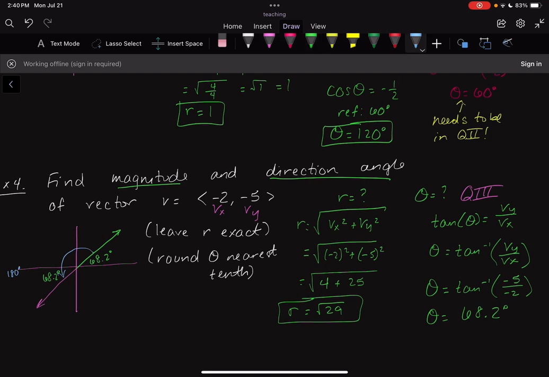So here I'm going to add 180 degrees, and this tells me that theta is actually 248.2 degrees. And that's my correct theta.